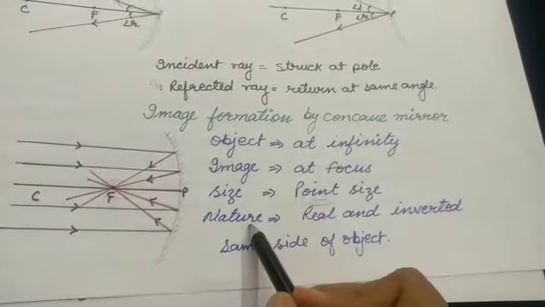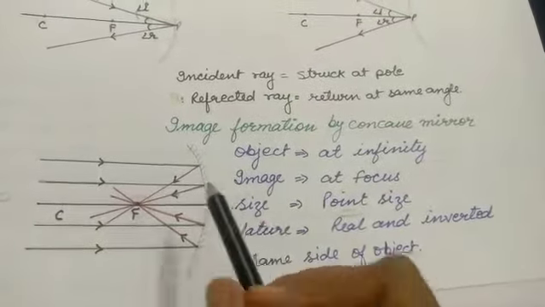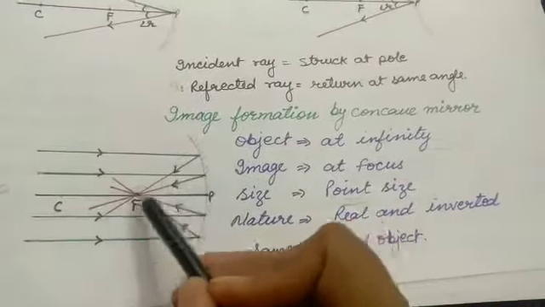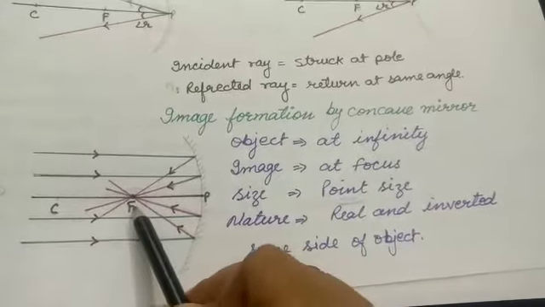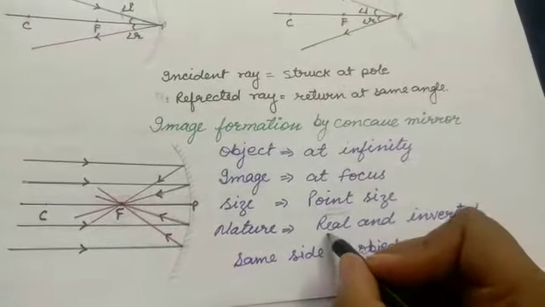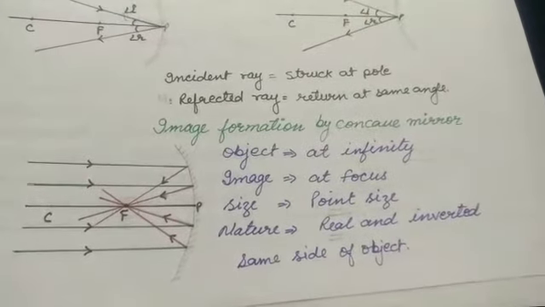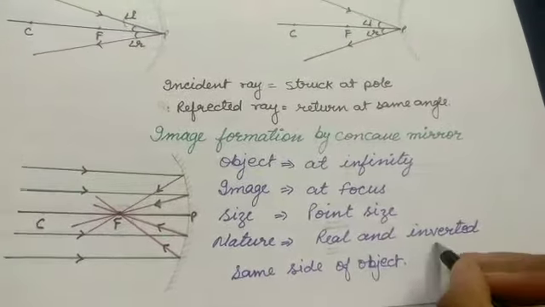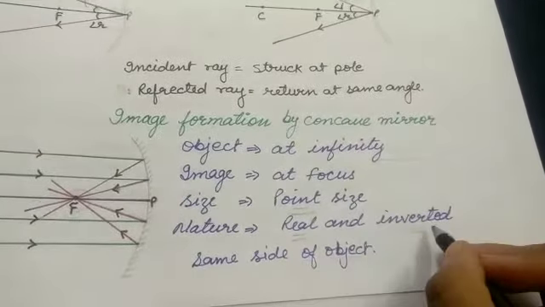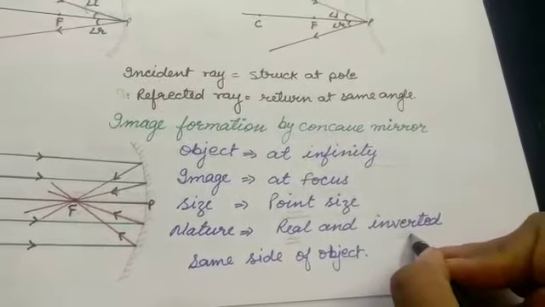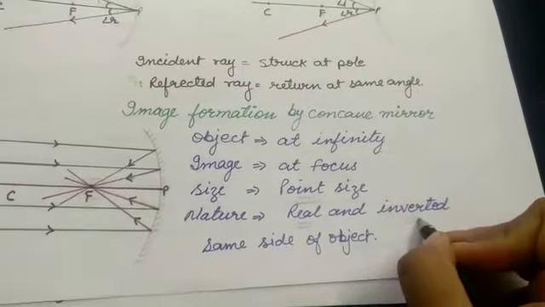What will be the nature of the image? In this case all the light rays really meet at a point, so the image is really forming here. So the nature of the image will be real, and we know that real images are inverted. You have learned in previous classes that real images are always inverted and we can get them on a screen.